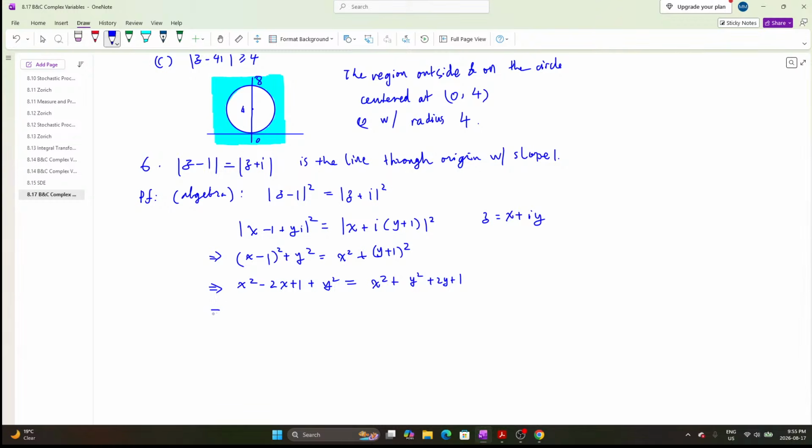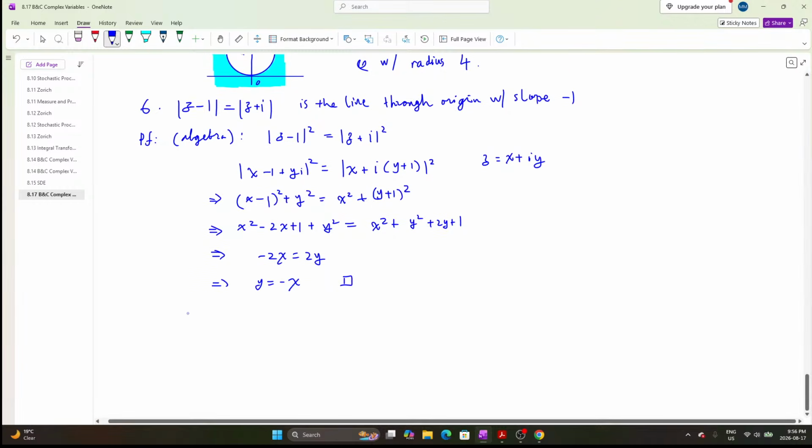So the only terms that survive are x and y. Hold on a second, is that right? Oh, sorry, the slope should be minus 1. What am I doing? The slope should be minus 1. So all that's left is minus 2x and 2y on each side. So this way y equals minus x. And we're done.